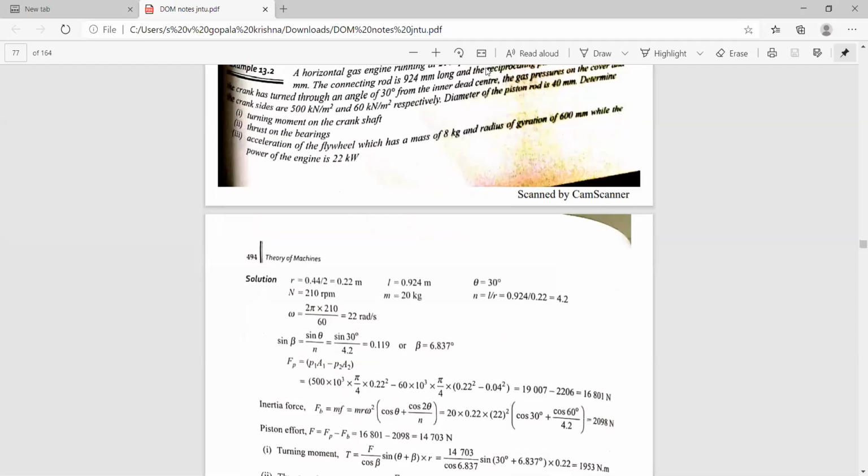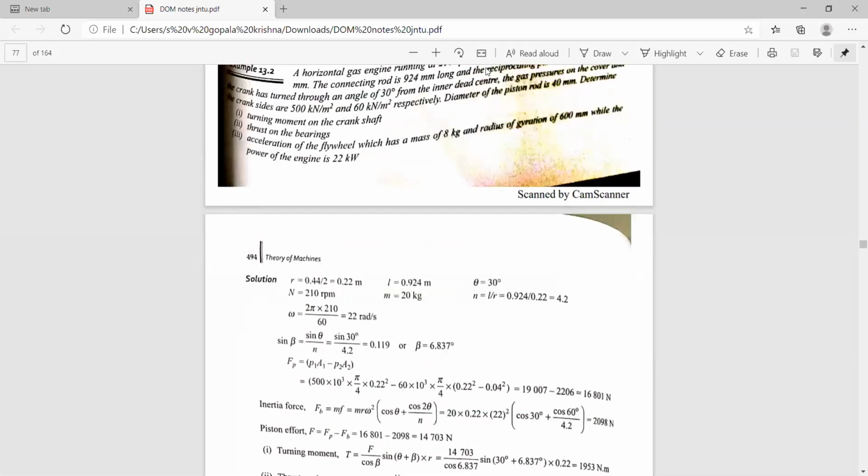Now, when you read the problem, simply write our given values. The R value is 0.44 by 2, since the stroke is 440 mm, so the radius is 0.22 meters. The length of the connecting rod is 0.924 meters.